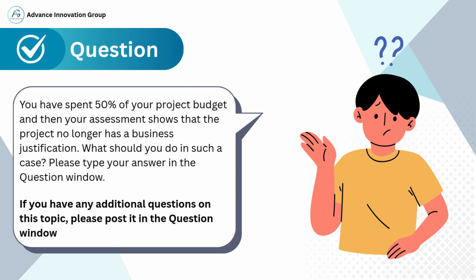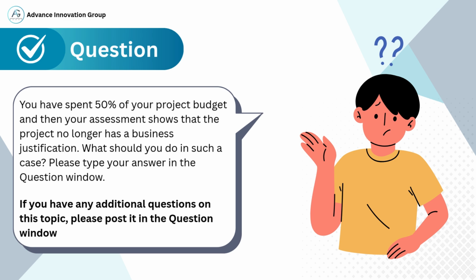This question tests your understanding of business justification in Scrum. In Scrum, continuous business justification is a core principle. If, at any point, like after spending 50% of the project budget, an assessment shows that the project no longer has a valid business justification, then the project should be terminated immediately, regardless of how much effort or cost has already been spent.